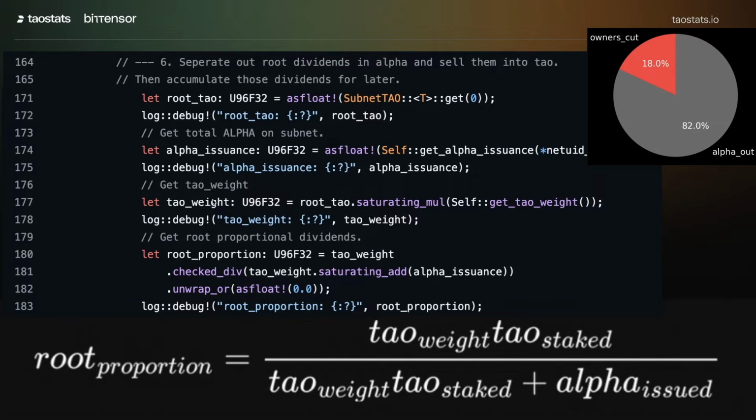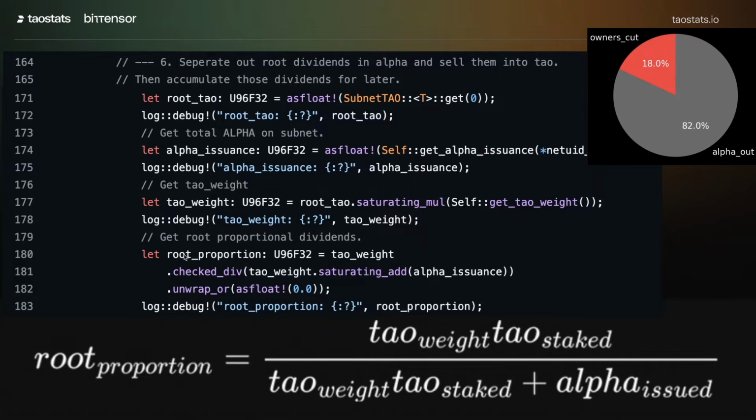We're going to get the tau weight. And in here, they're using tau weight two different ways. They're going to pull the tau weight, that 0.18 variable, and multiply it times the root tau to make this variable tau weight, because they're taking the constant tau weight and multiplying times the root tau and then calling it tau weight.